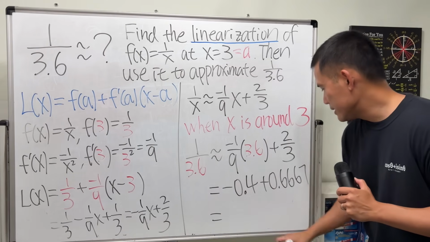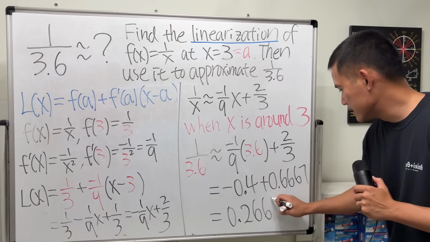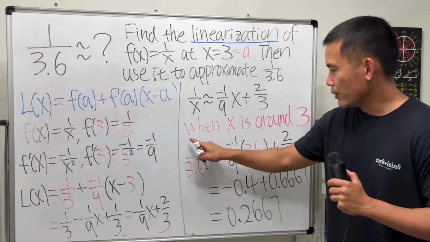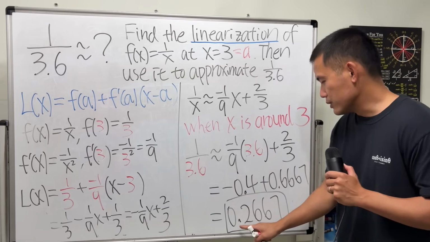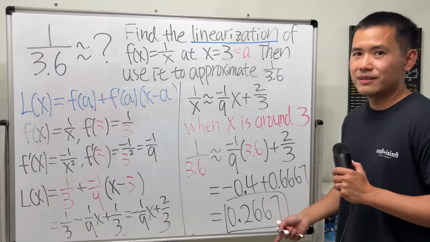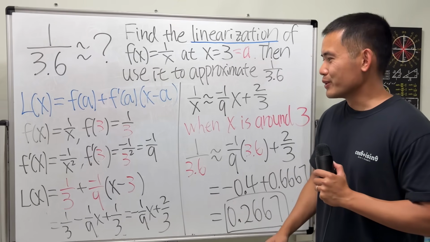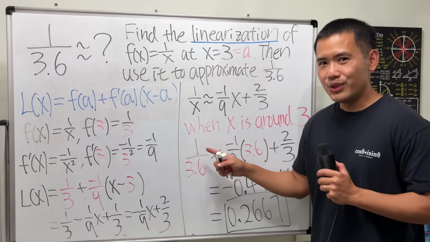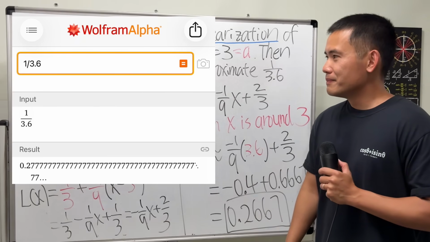So this right here is equal to 0.2667. So 1 over 3.6 is approximately equal to 0.2667 based on this right here. Of course, we can also just use a calculator or long division to do 1 over 3.6, and that's the answer. But where's the fun?